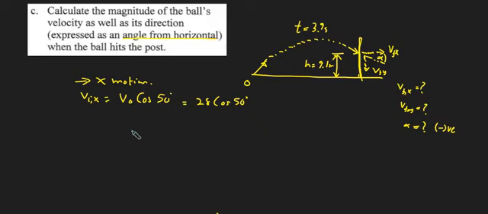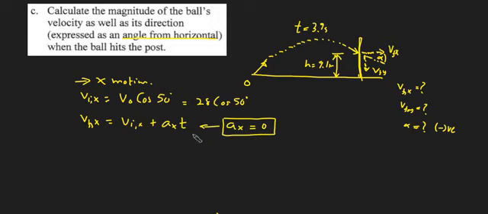Now if I look at the x motion, I can apply the final velocity in the x direction equals the initial velocity in the x direction plus the acceleration in the x direction multiplied by time. But as you know, in projectile motion, the acceleration in the horizontal direction is zero.